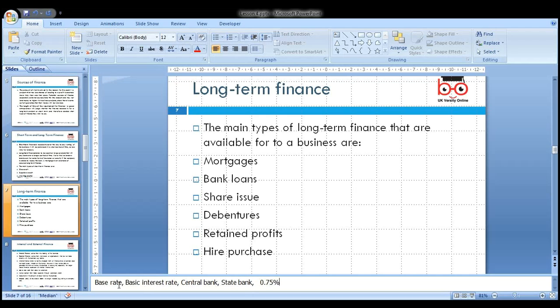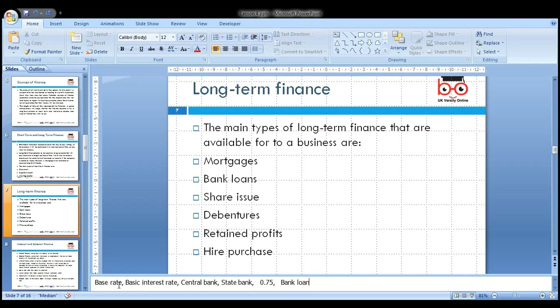The Bank of England said it likely can be increased. So we need to look around this. If this base rate goes up, your interest will go up.